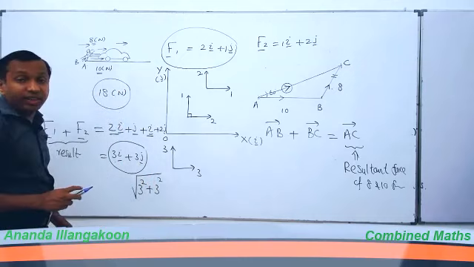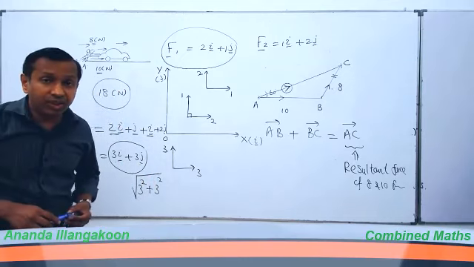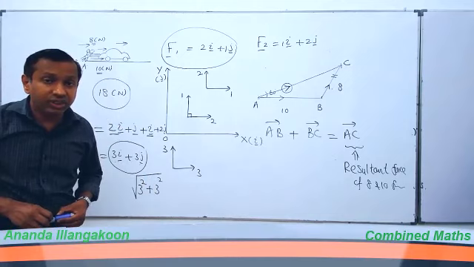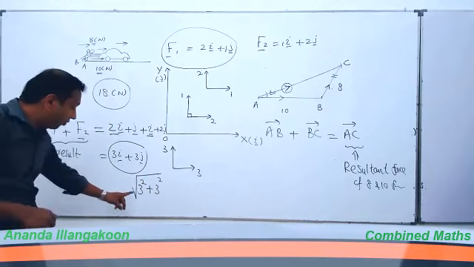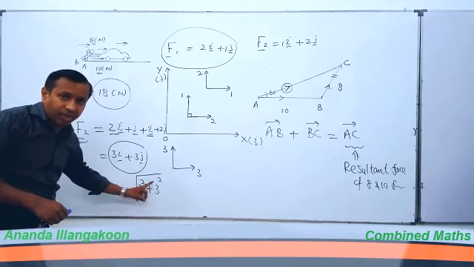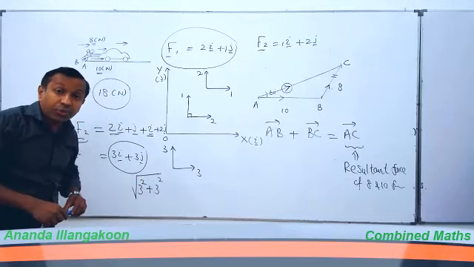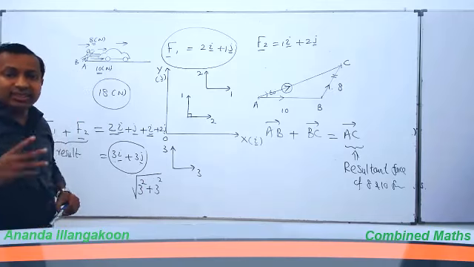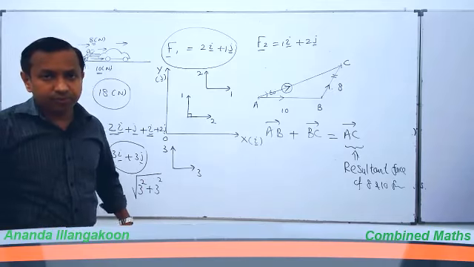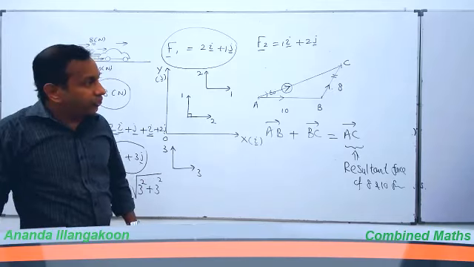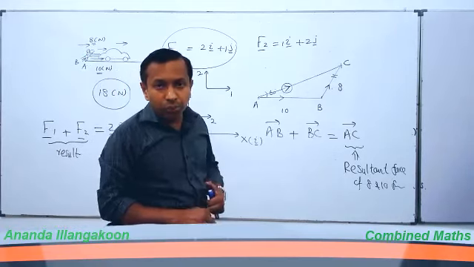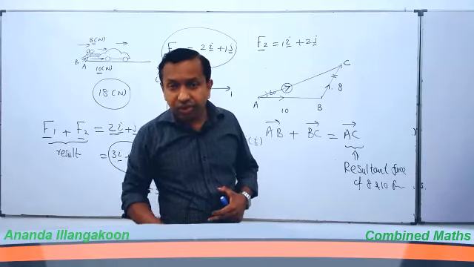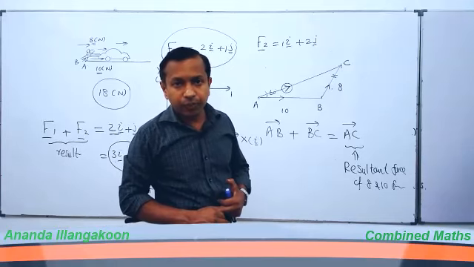Simplifying: 3 squared is 9, 3 squared is 9, 9 plus 9 is 18, and the square root of 18 is the size of the force. Okay, people, if you can manage up to here, that's enough at the moment to do 2-3 questions under this part.